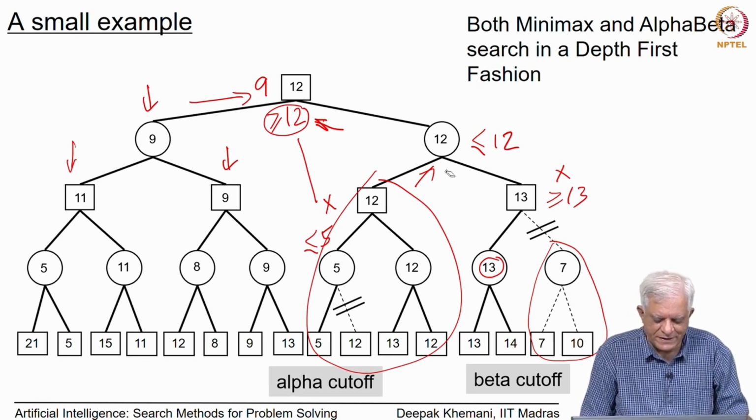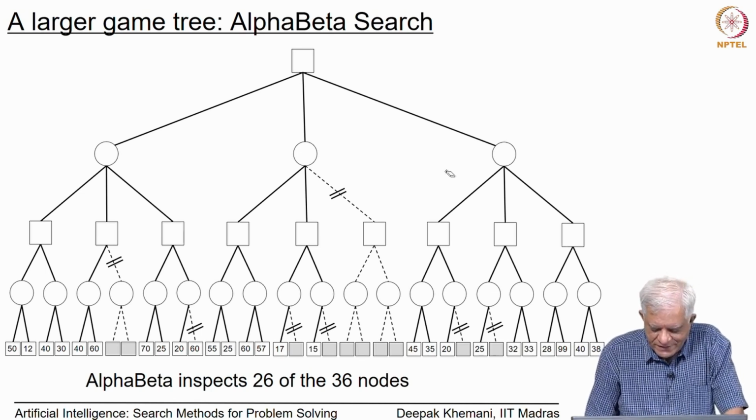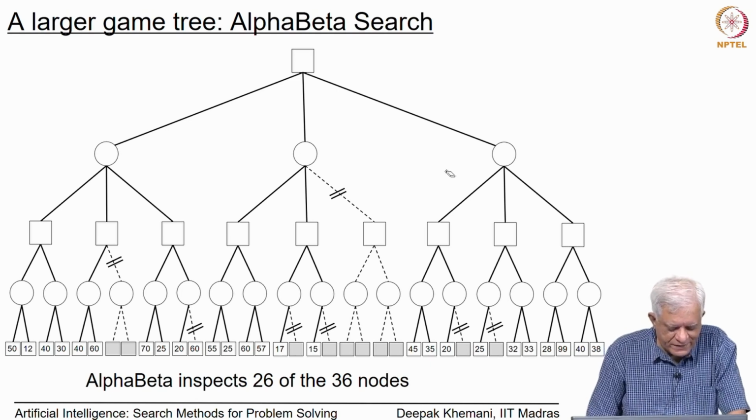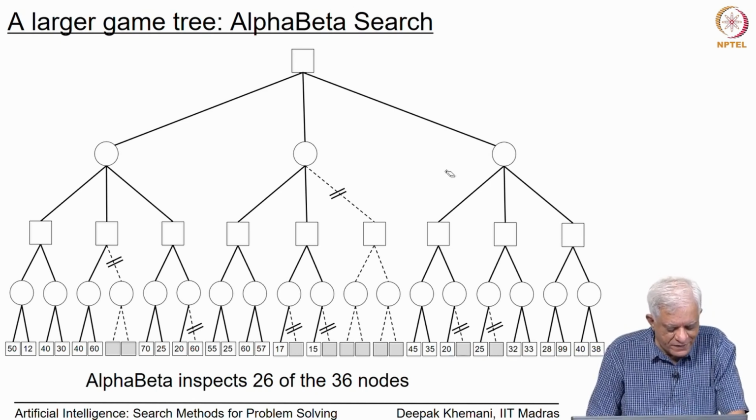Let us look at a slightly bigger example in which there are more cutoffs. So, here is a larger tree, it has got 36 nodes, and this is the final tree that I have drawn, and I would encourage you to do this exercise yourself.